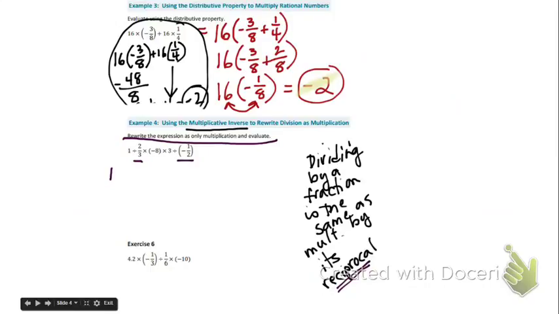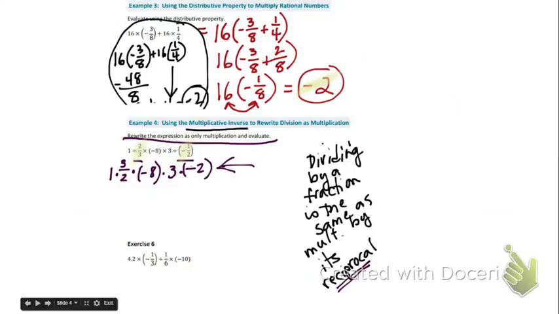So I'm going to have 1 times now 3/2, because it is the reciprocal of 2/3, times, keeping my -8, times -2. Make sure I have that. That's -2. Okay, so I've gone ahead and found the reciprocal of these two fractions and applied them down here.